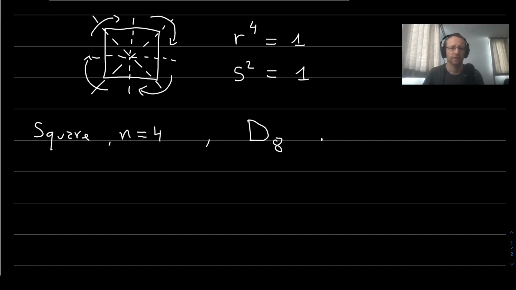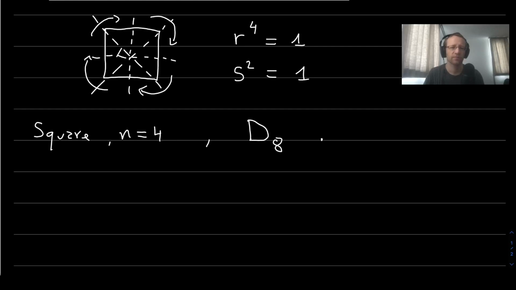Now, 2 reflections form a rotation. So for instance, if I first do one reflection along one of these axes and then a second reflection along the other axis, they form an angle of 45 degrees. And if I compose them, I get a rotation by 90 degrees, which is already in our group. So the group is complete.